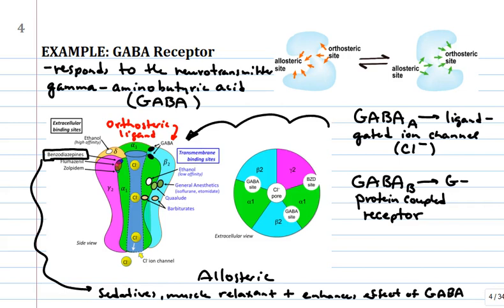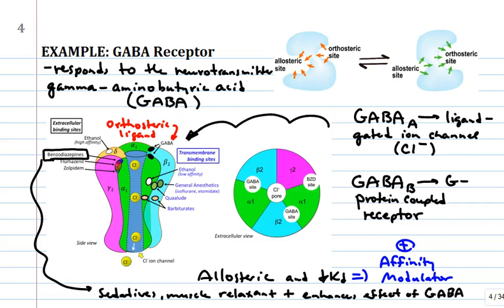So it binds in the allosteric site, and what does it do to the binding constant of GABA to its receptor? Lowers the KD of GABA. Ladies and gentlemen, we would call this an affinity modulator. And in fact, we would call this a positive affinity modulator.